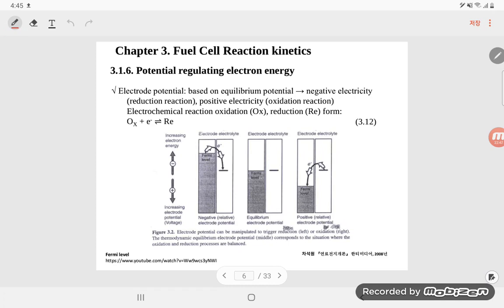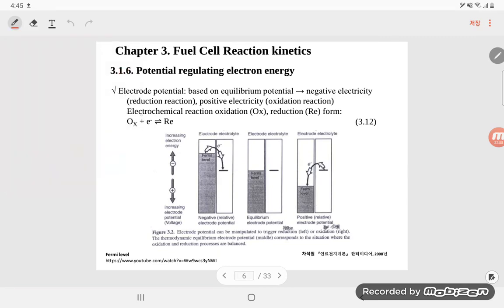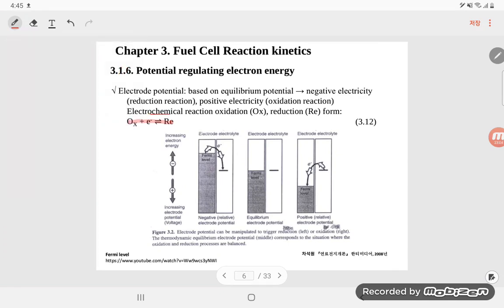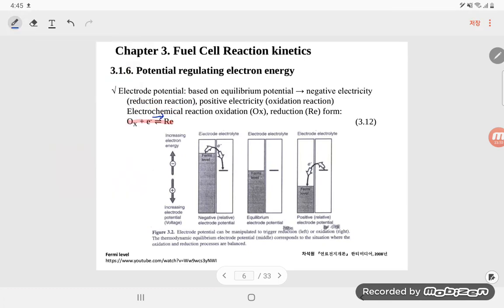So the electrochemical reaction is expressed like this. This is the oxidant. In the right direction, the oxidant gets the electron, right?